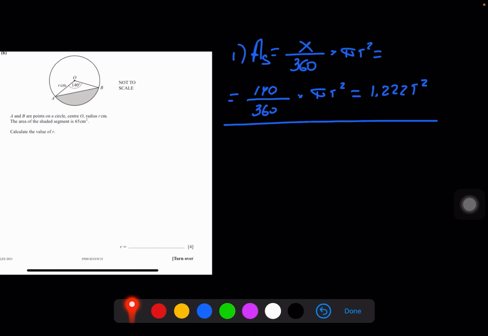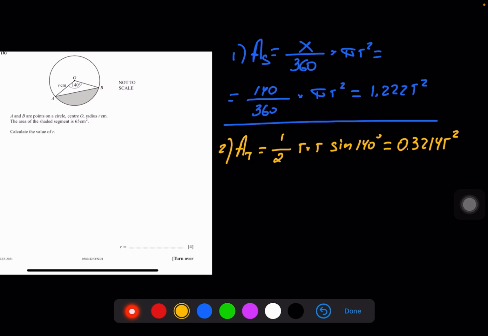And secondly, we can find the area of this triangle. The area of a triangle formula is 1/2 a multiplied by b, it is r here, r multiplied by r, sine 140 degrees. If we calculate this one, we will find 0.3214 r squared. This is the second part.